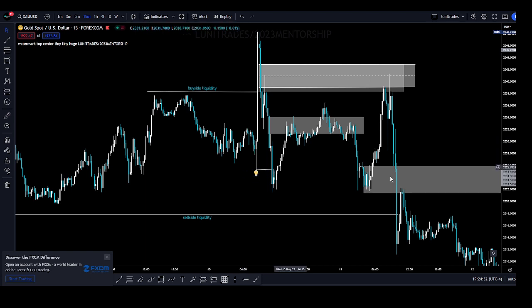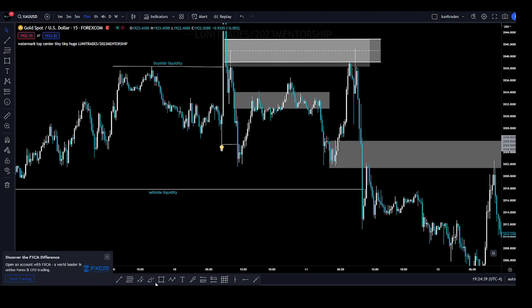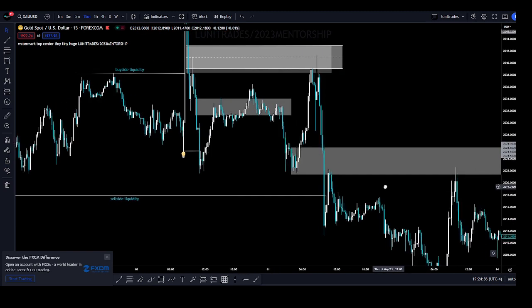This is another standard order block. So this is an order block, right? So we can pick this, or we can just pick this, which is what I've done. From here to here, we can extend it in time.